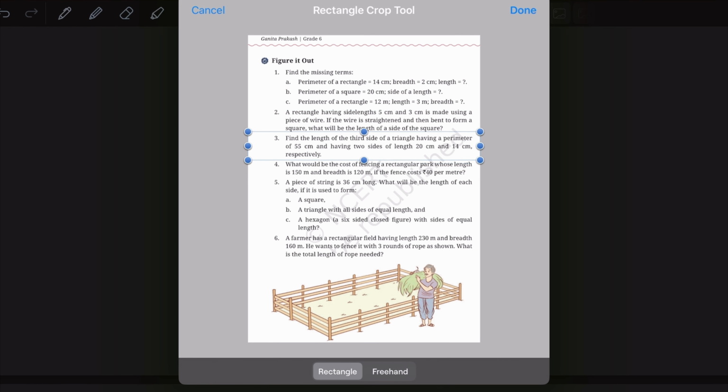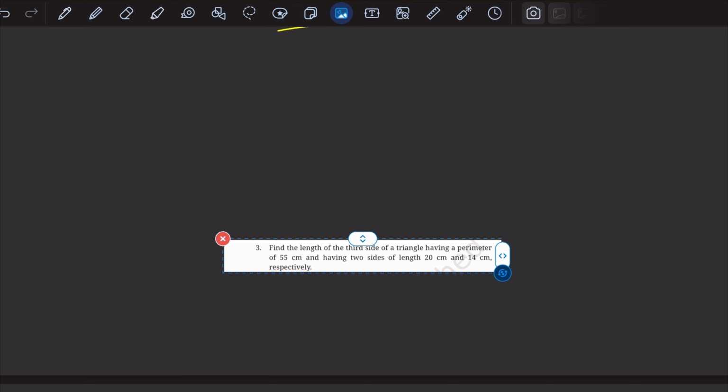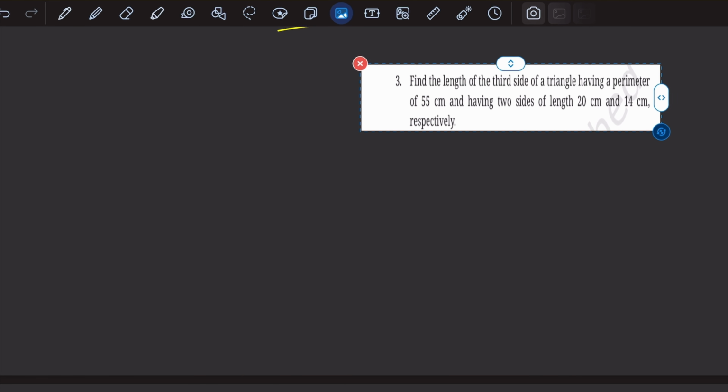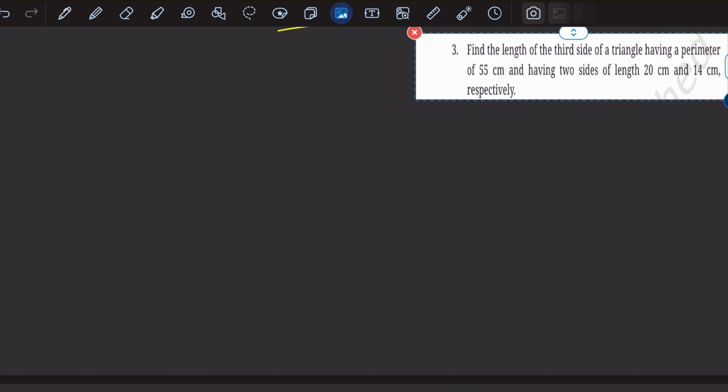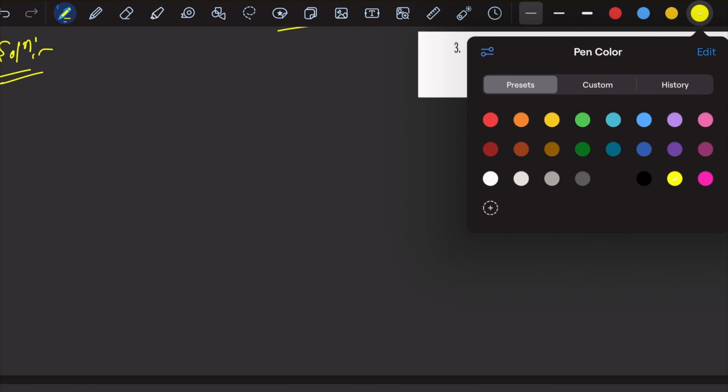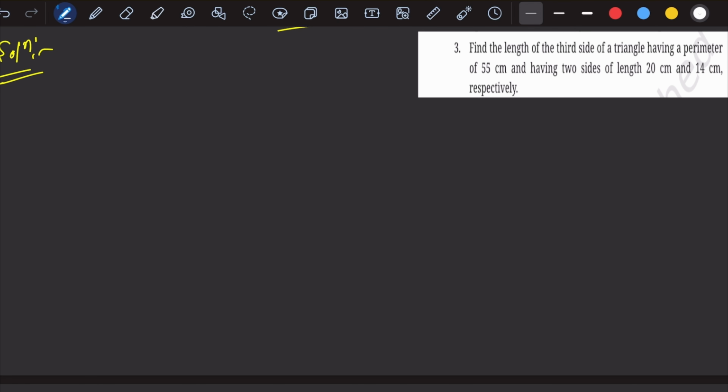What is written in the third question? Here it is, third question. Find the length of the third side of a triangle having a perimeter of 55 centimeter and having two sides of length 20 centimeter and 14 centimeter respectively.